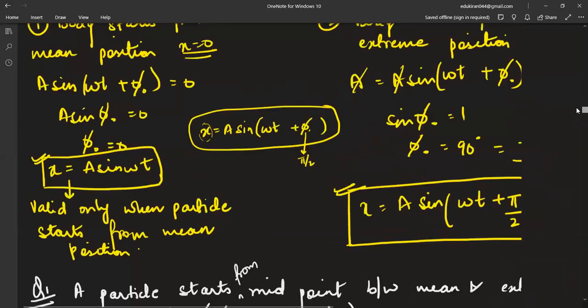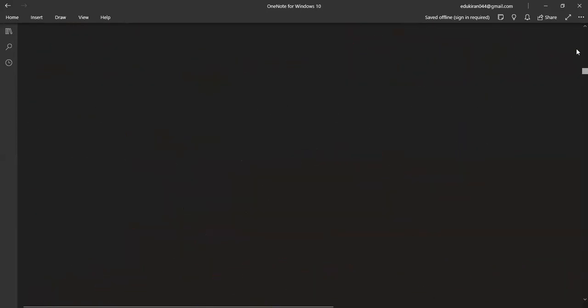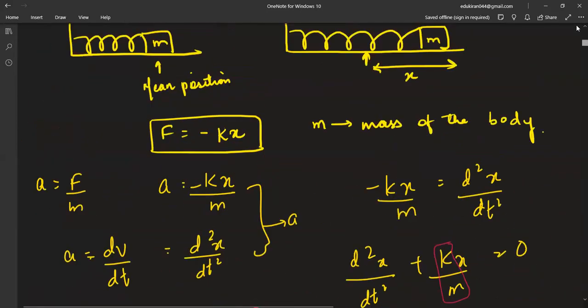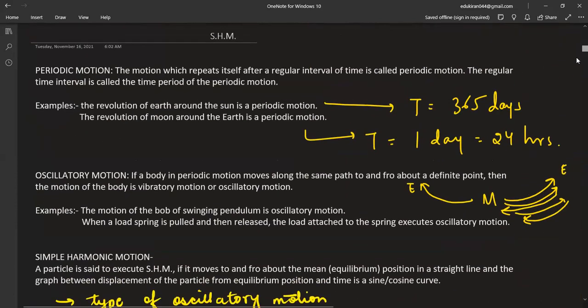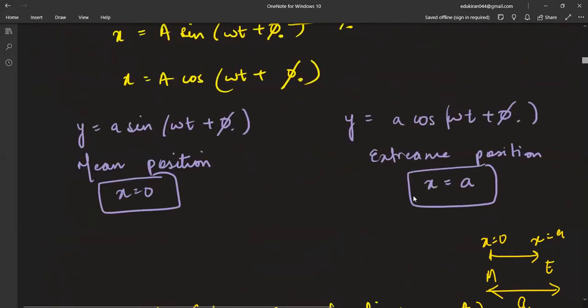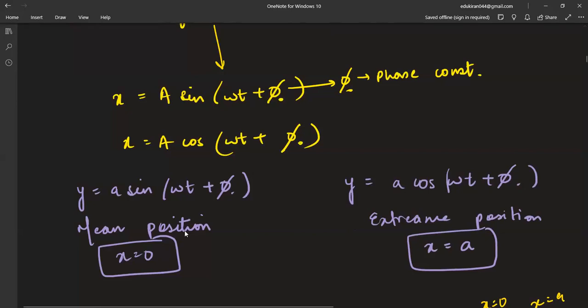The standardized equation that we take, after double differentiation, for the mean position when we start, is A sine omega t plus phi naught. When the equation has proceeded to somewhere, let's say with some phase constant, then we take cos.